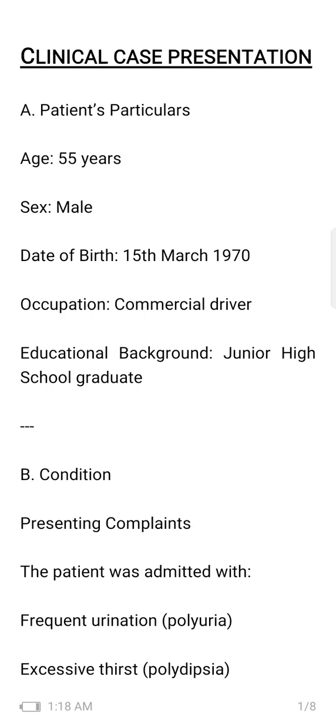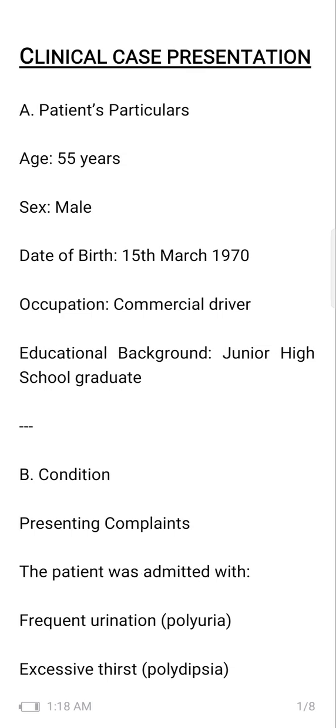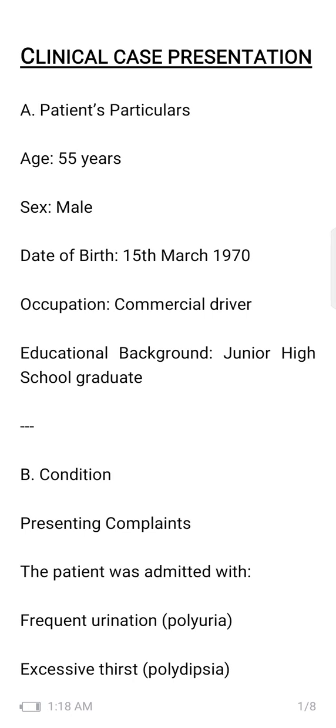So the first one was the patient's particulars. For this one, you have to talk about the age, the sex, date of birth, occupation, education background. And for the age, here it is 55 years, male, date of birth 15th March 1970, occupation commercial driver, education background was junior high school graduate.